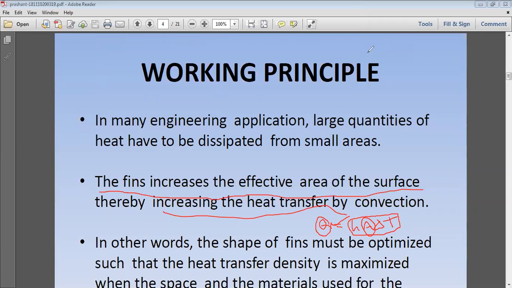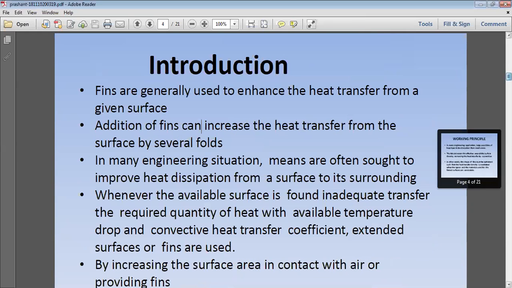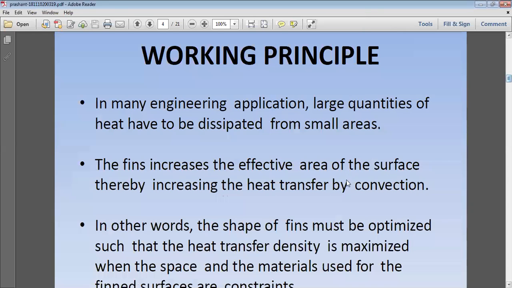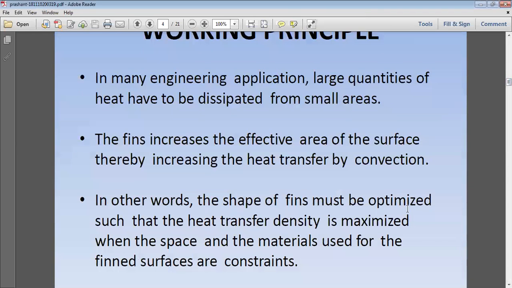In other words, the shape of the fin must be optimized such that heat transfer density is maximized when the shape and material used for the fin surface are constrained. Suppose you have a cylindrical surface, then we use circumferential fins.